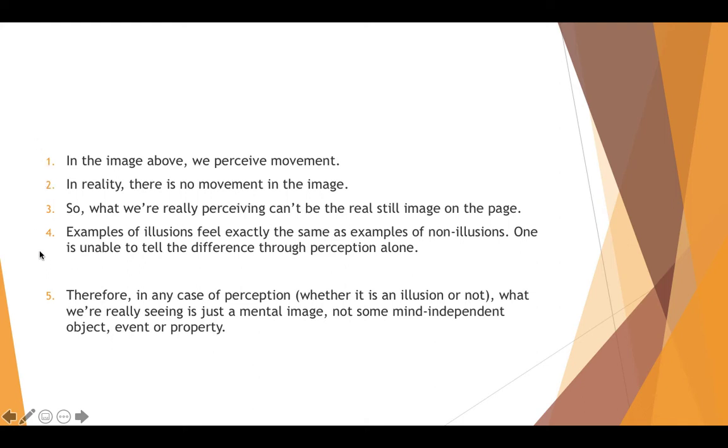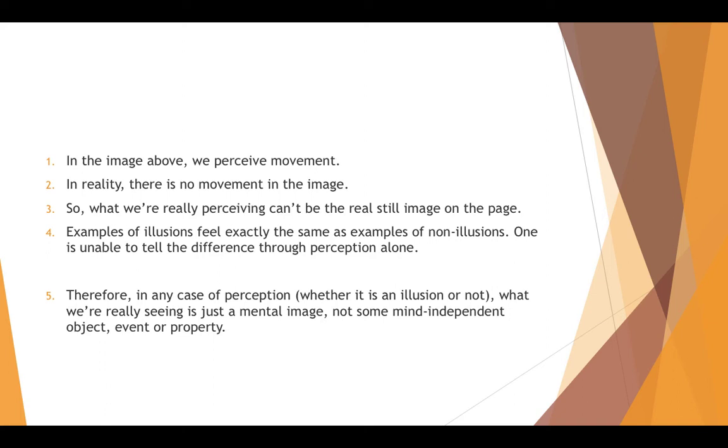What premise 4 does is try to convince you that now we know that there are things that exist separately and differently in our minds as they do in reality, but we can't actually tell the difference between those things. We can't tell the difference between a normal veridical perception and an illusion.